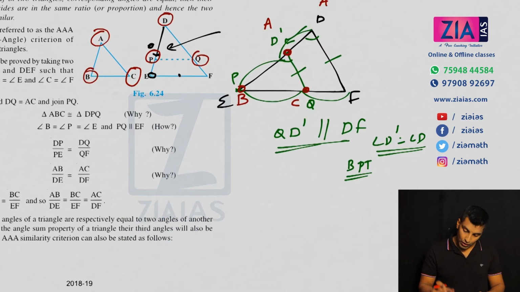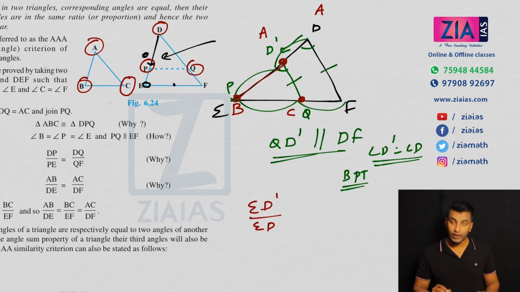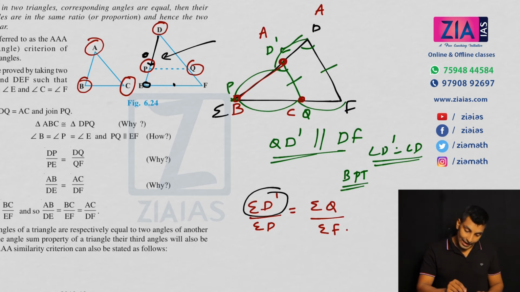Okay, now if you apply basic proportionality theorem, what you can write is ED dash divided by ED. That is, ED dash divided by ED means the total. Okay, so this much divided by total is equal to this EQ divided by total, that is EF. I hope it is clear. So which is equal to EQ divided by EF. Now from this clearly you can understand that ED dash means what?